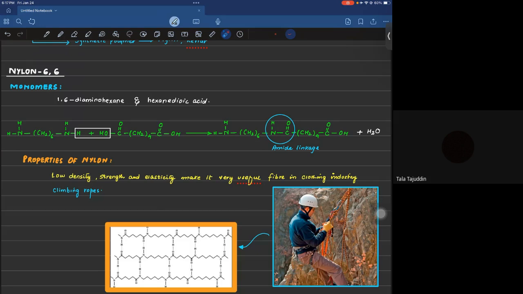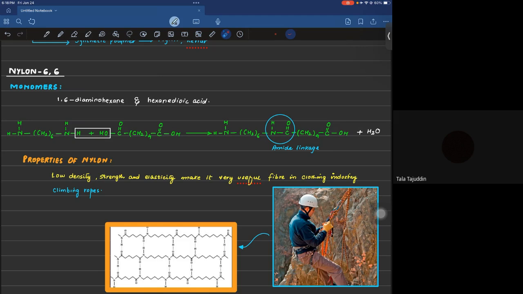Again, same goes for the nylon 6,6. It has a low density, but interestingly, it's very strong, and its elasticity is higher. Elasticity is higher, but again, it's strong, just like graphene.